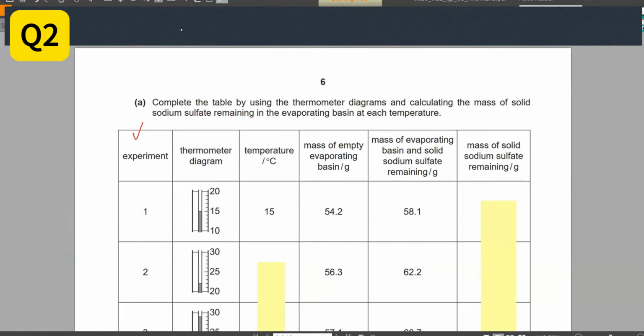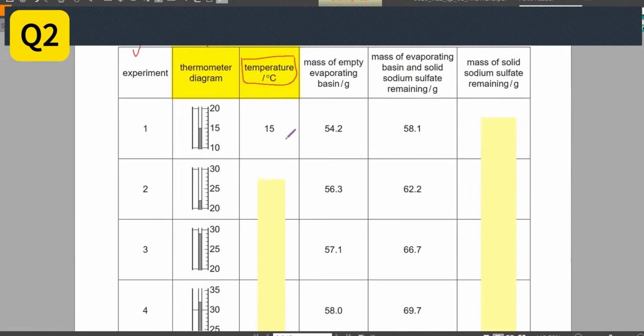And then for the second and third column, we have the independent variable, which is the temperature. So we are controlling the temperature. So here, the practice here is for reading the thermometer. So this part should be very straightforward.